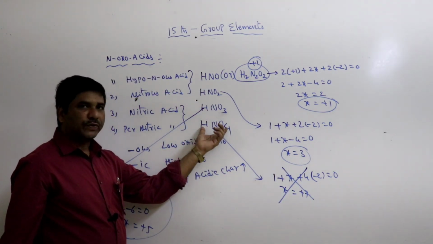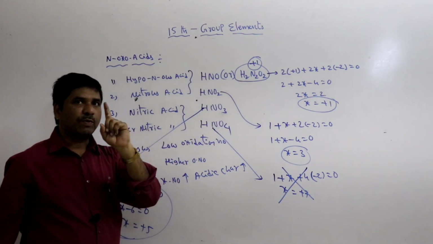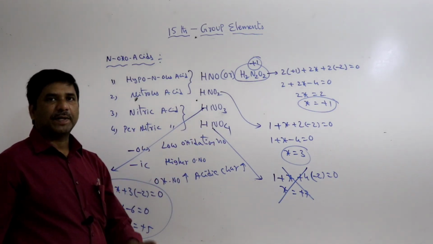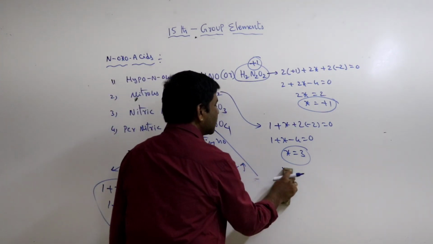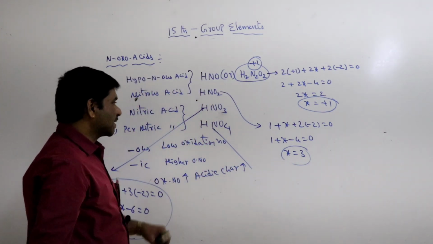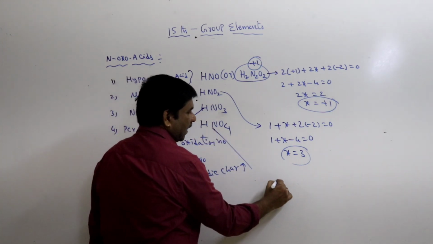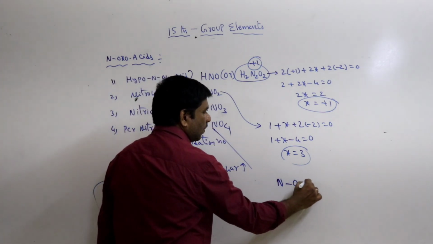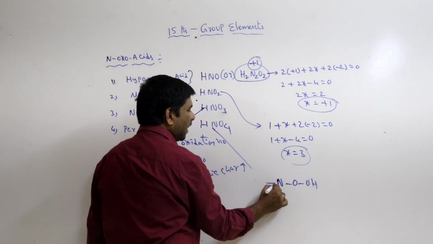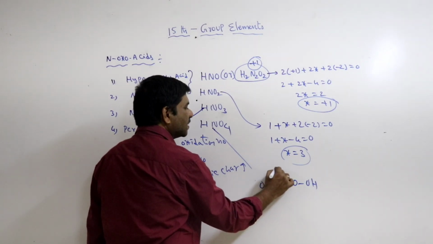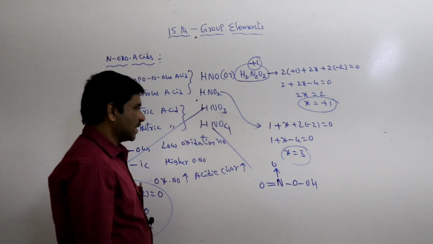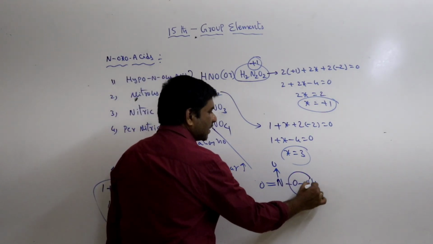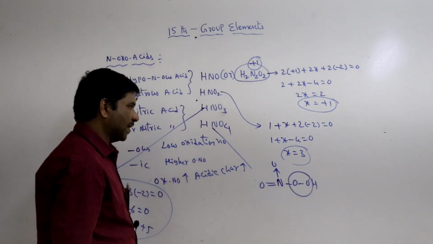Among these 4 oxygens, one is a peroxy bond, meaning an O-O bond is possible. So in its structure, when we observe nitrogen, O, OH, a double bond O, and the peroxy bond. Here the oxygen oxidation number is -1, -1.